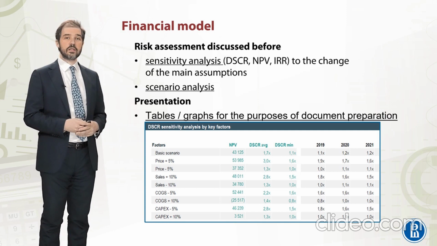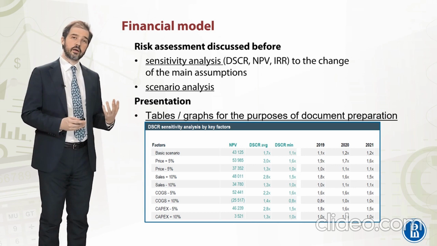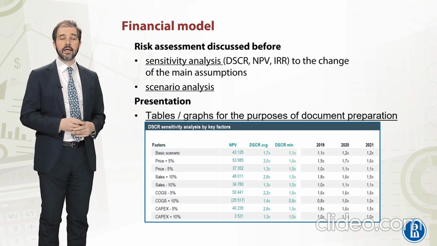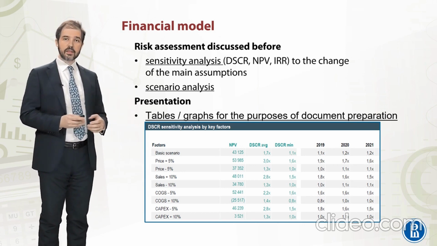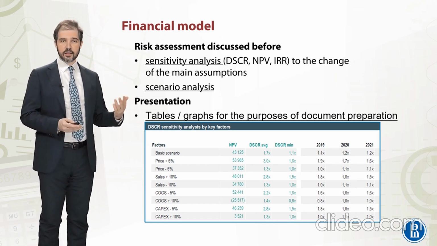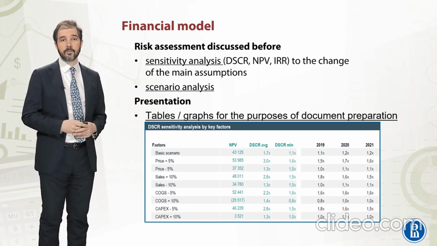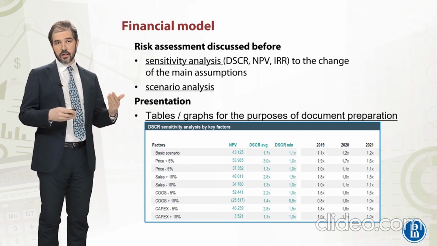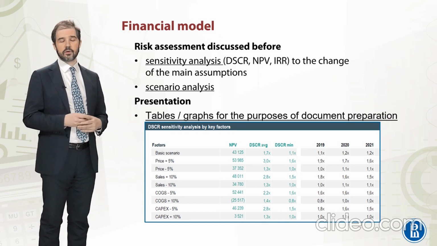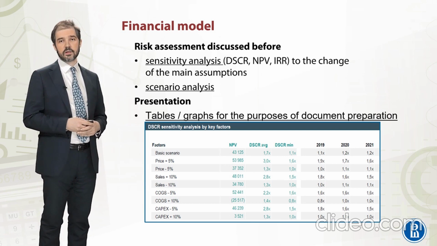You usually do sensitivity analysis of the major ratios, for example, debt service coverage ratio, NPV, IRR, whatever, to the change in major assumptions. For example, price, quantity, timeline of your project, or whatever. And in scenario analysis, you select different ratios and different assumptions again and construct different scenarios.